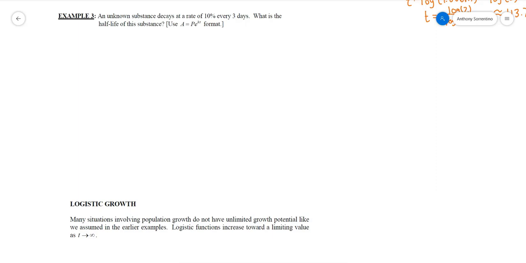Now one of the things you sometimes run into is that students will think that, since I'm using this A equals Pe to the kt power, k is going to be equal to -0.10 because that's 10% over 3, which is -0.03 repeating.